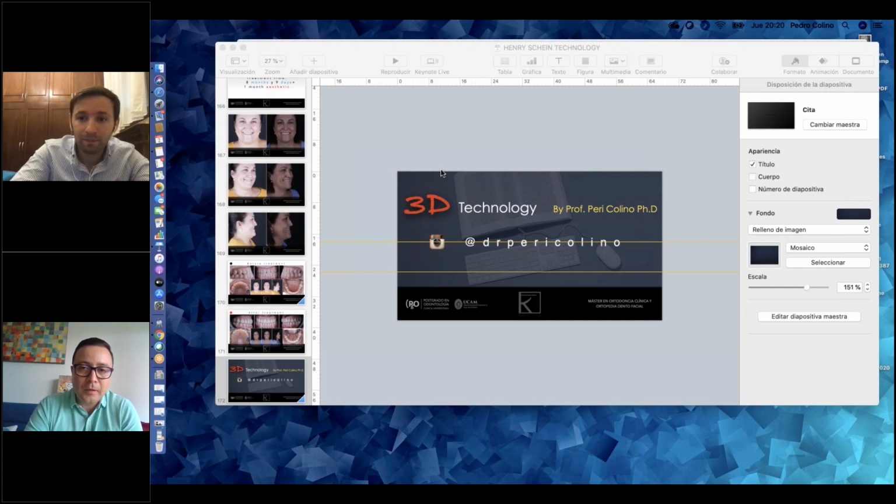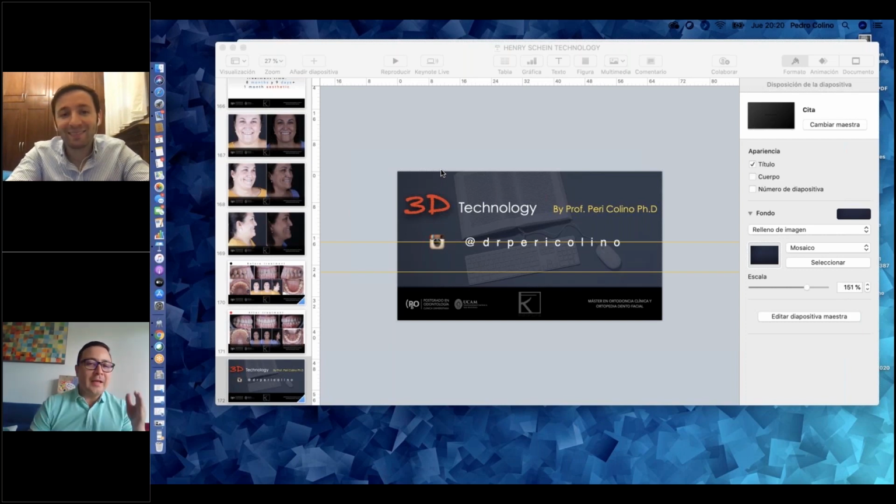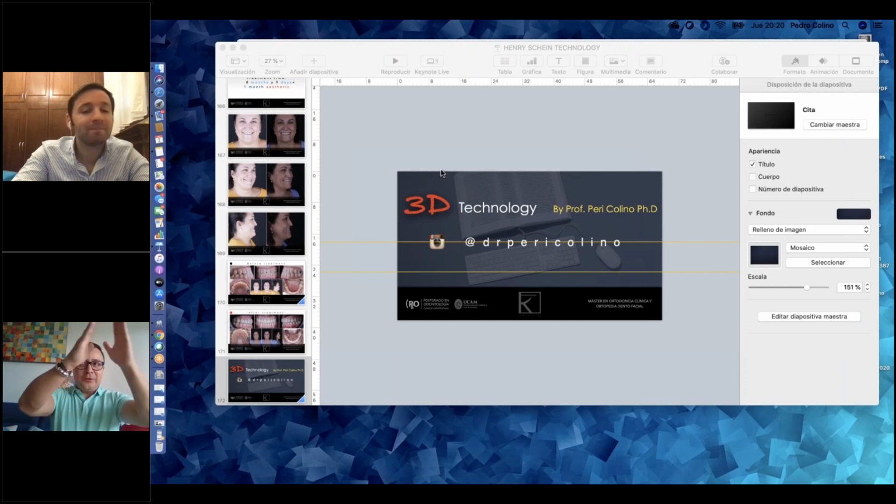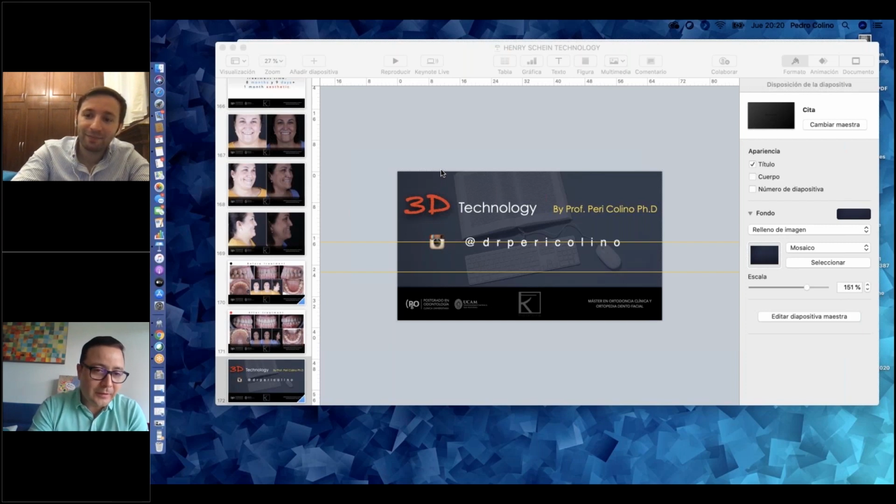I always answer when I do lectures: CBCT versus no CBCT is like running at 30 kilometers an hour with an eye cover. You can turn around, you can still see, but when you open the two eyes, now you can have a better view of the entire spectrum. That's pretty much the way I see it.